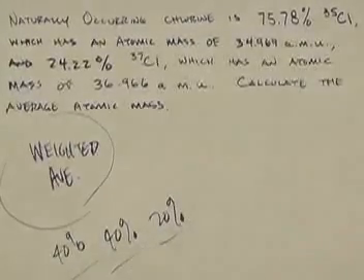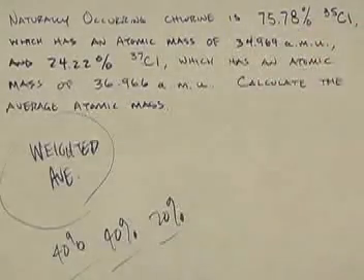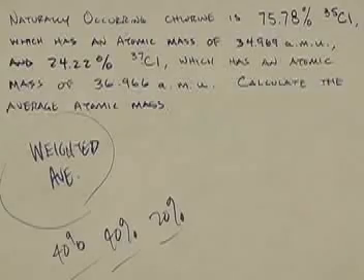How do you find the total of that? Well, that's what we're doing with a weighted average problem like this, where we have two different isotopes coming together.